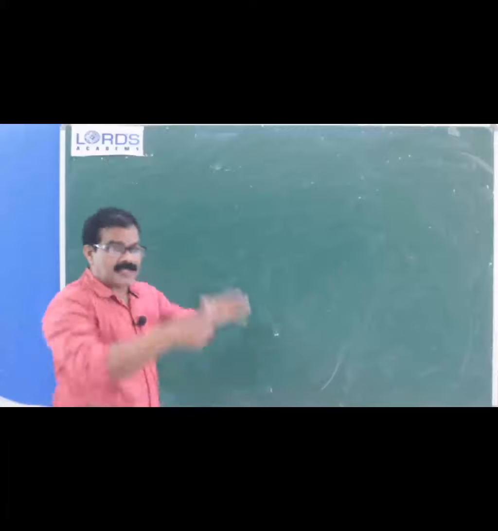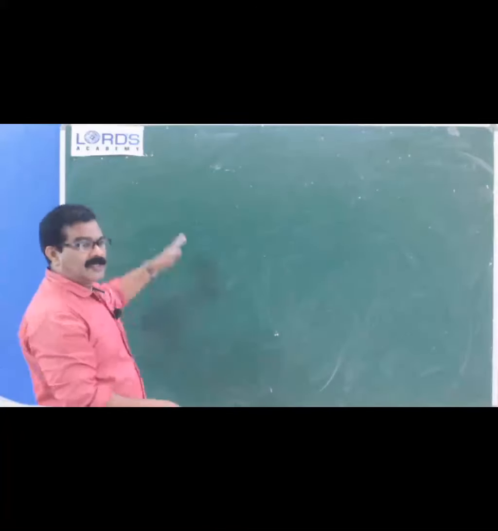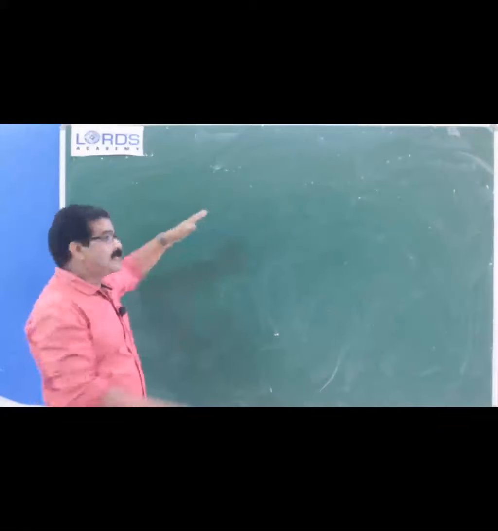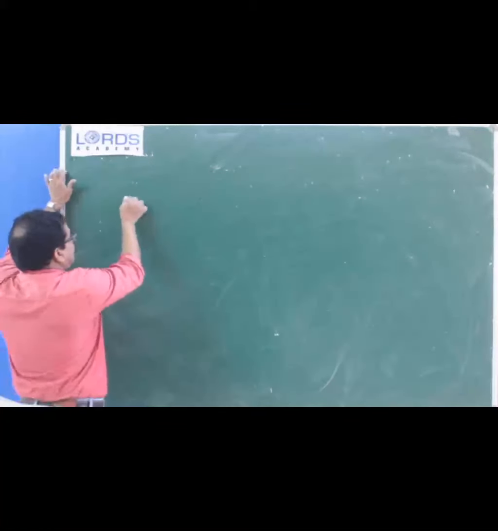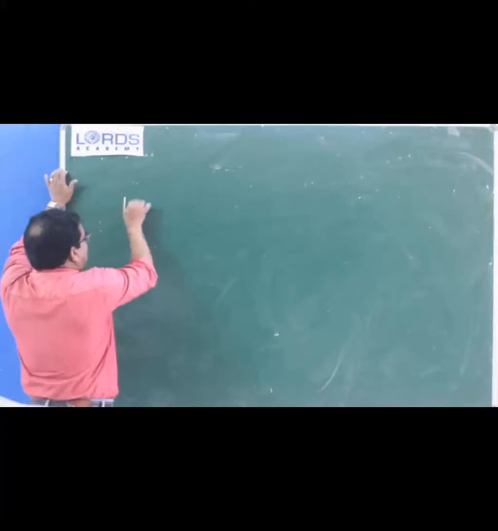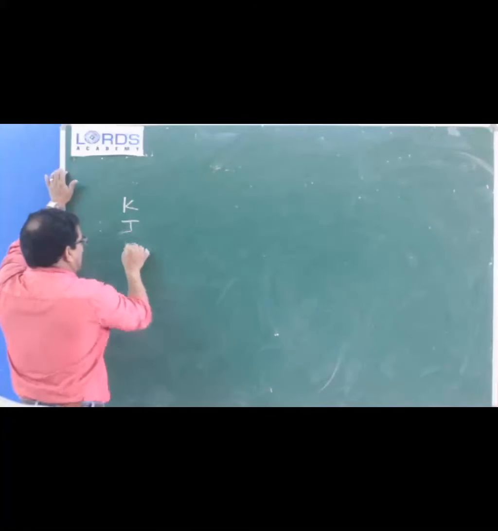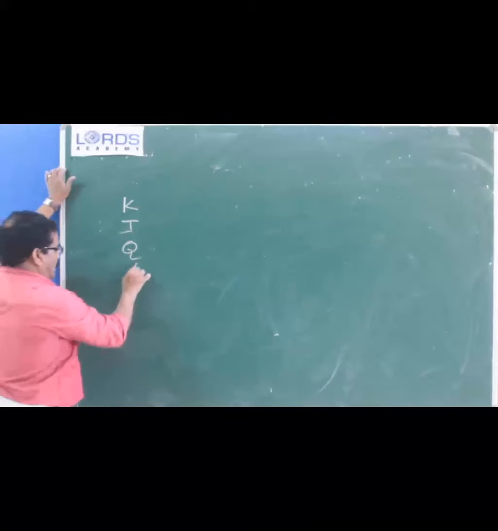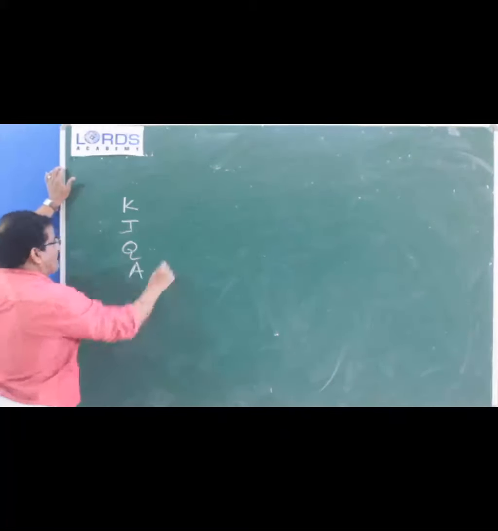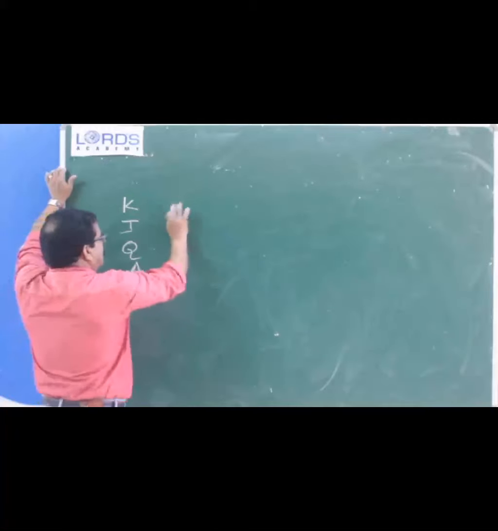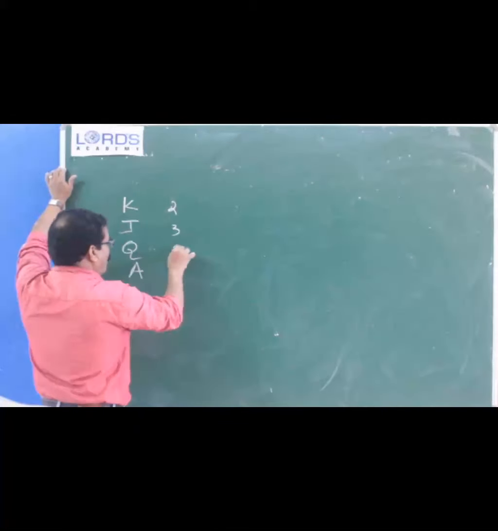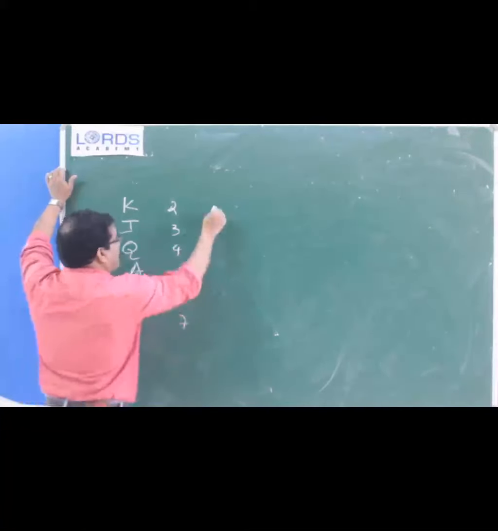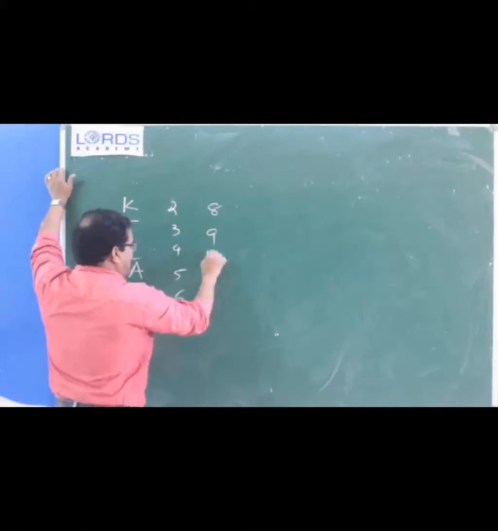You can see each section, that is spade, heart, diamond, clubs. In each set you can see king, jack, queen, ace, then 2, 3, 4, 5, 6, 7, 8, 9, 10.